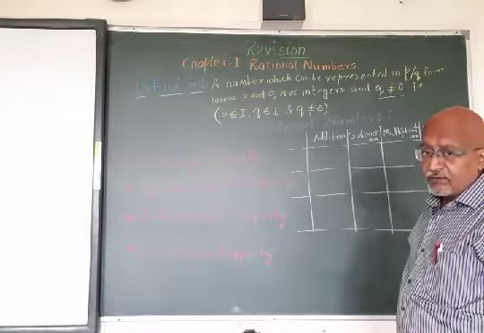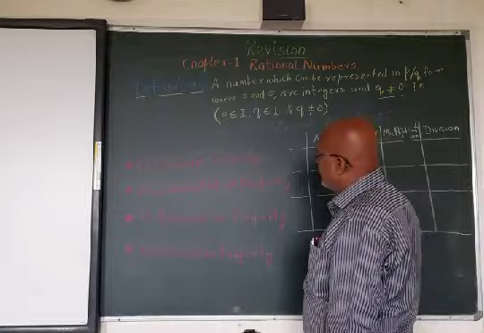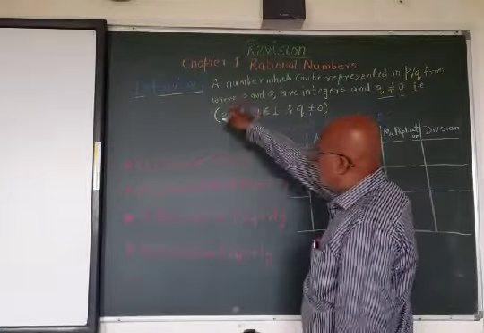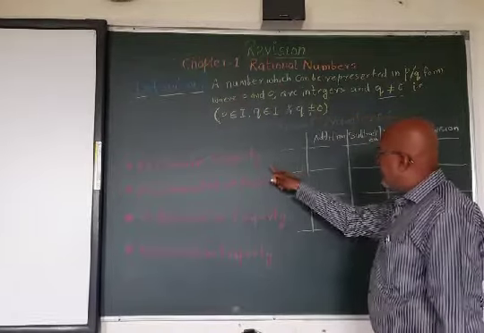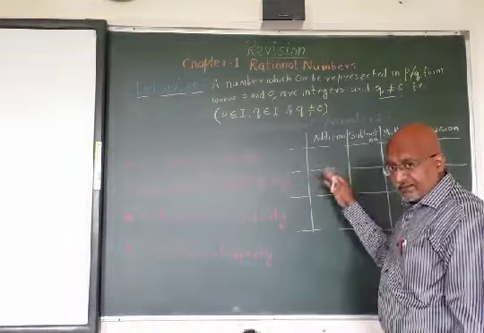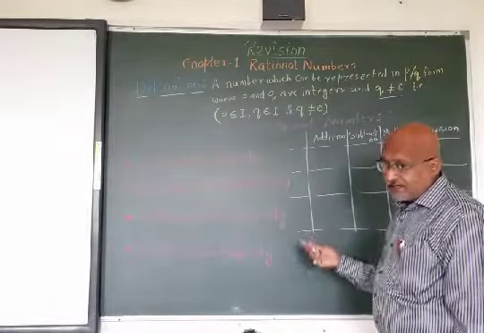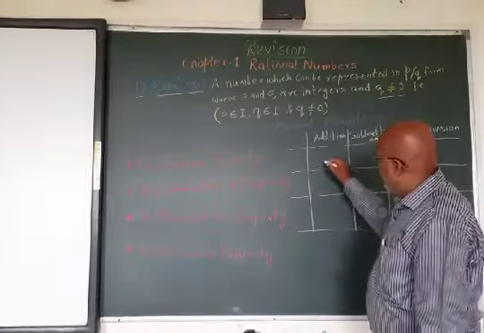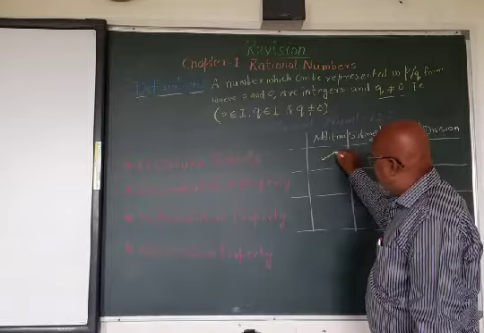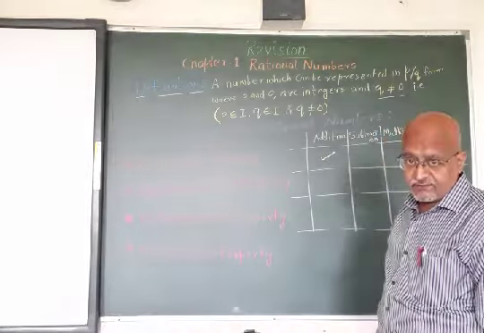Now what is meant by closure property? It means that when two rational numbers are added, the result, the sum, we get is a rational number only. So we say that it is closed under addition.